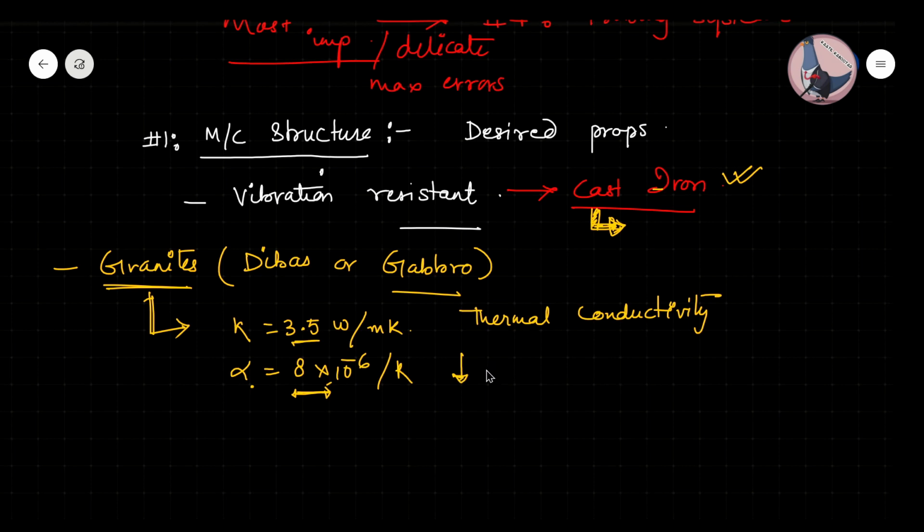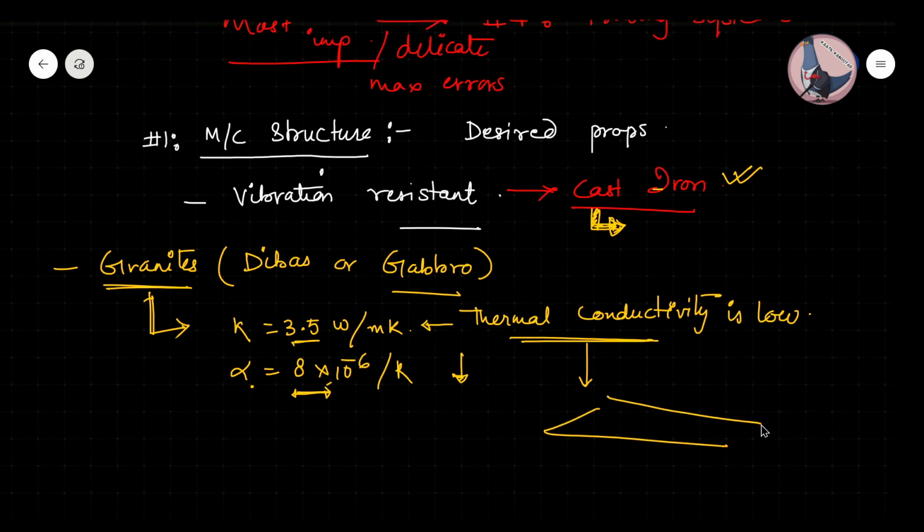But this low value of thermal conductivity is only creating the trouble. What is limiting us from using these granites most often is this low value of thermal conductivity. Why? Suppose there is one component, this is your granite.